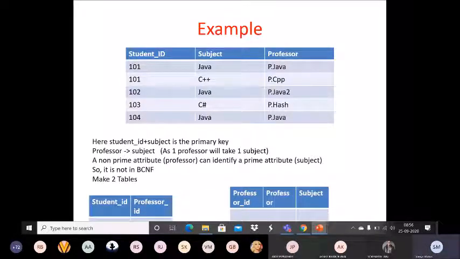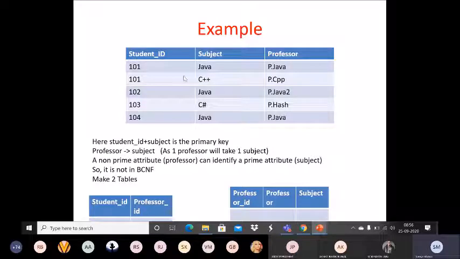I am telling you again. First of all, think about a wrong table division. Then we will study what the right procedure is. Student ID and subject in one table, subject and professor in another table.